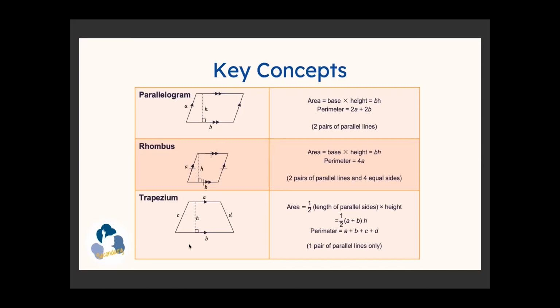So maybe lengths C and D will not be provided, and they will ask you to find lengths C and D. That is possible as well. It depends on what level they want to pitch the paper. But in most schools, don't worry, the two slanted lengths will be given, so you just have to add all four sides together.